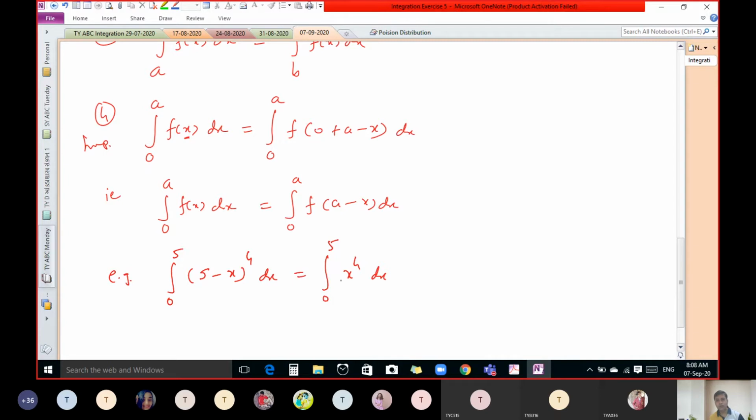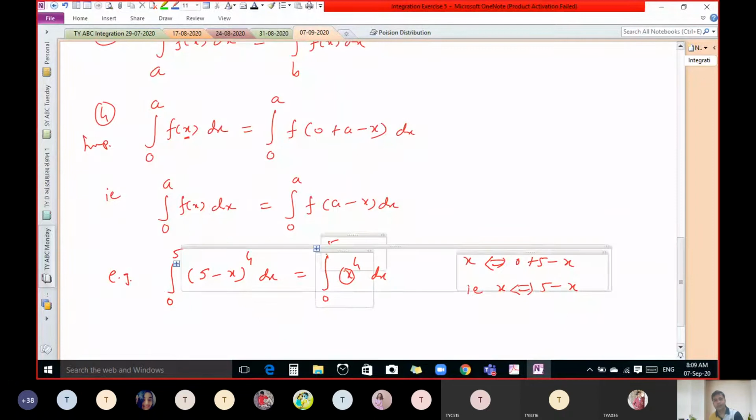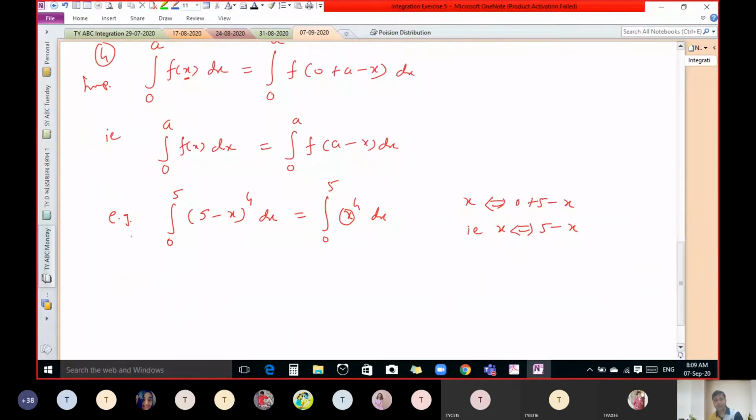Here in place of x, what we would write is 0 plus 5 minus x, that is in place of x you can write 5 minus x, or in place of 5 minus x you can write x. Both are valid. So if we find the answer of this question or this question, your answer remains same. So this is a very important property.